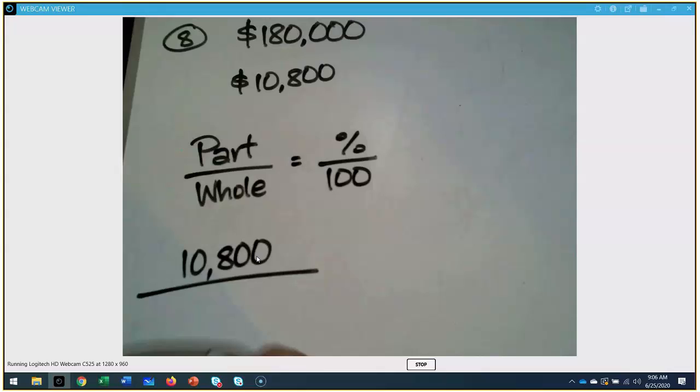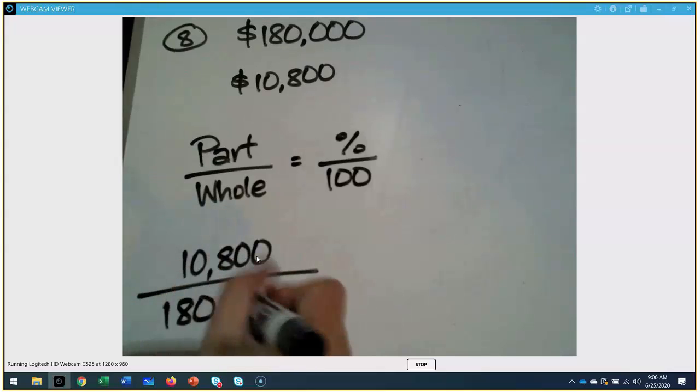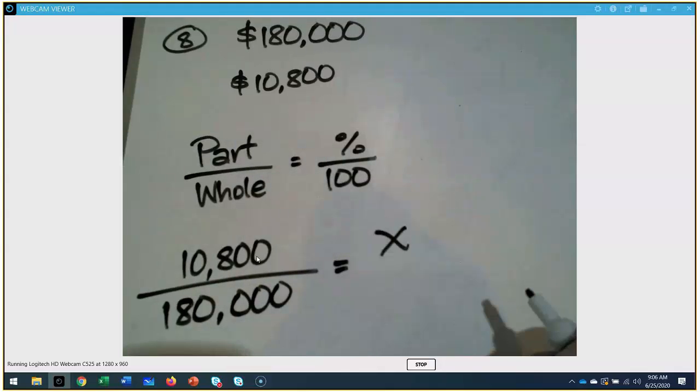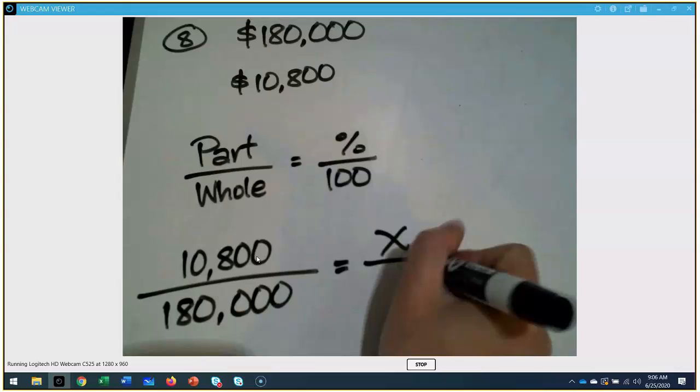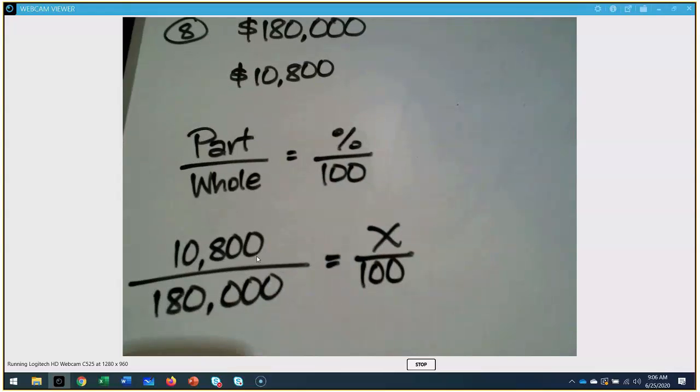The sale is the total. So that's the whole thing. And they're asking for the percent. So I've got my X, so then I can solve this. All right, so now that it's set up, I'm going to cross multiply it.